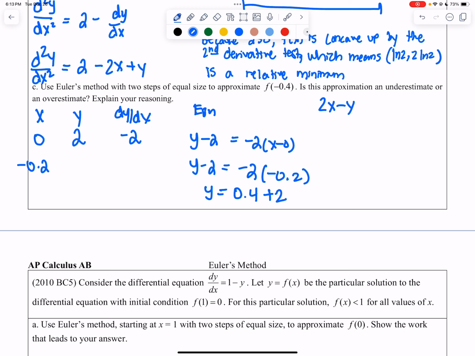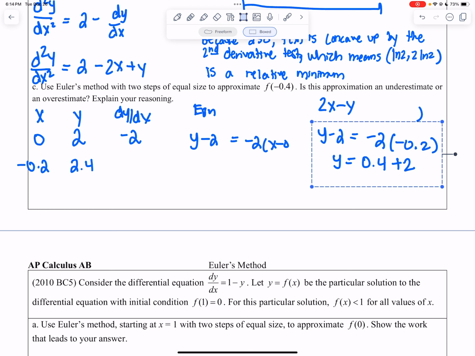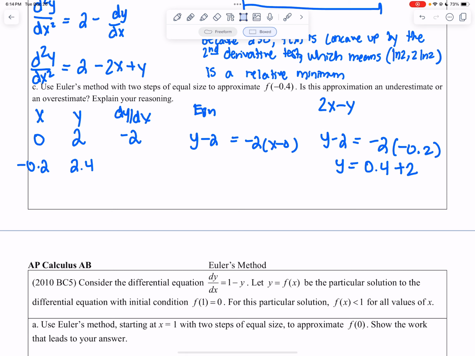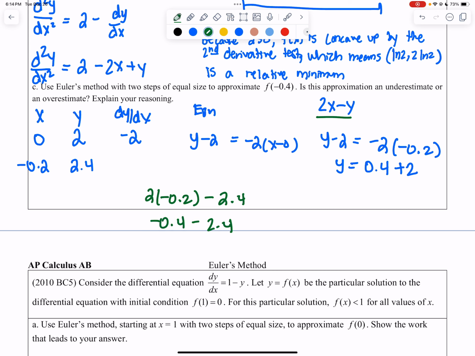So that's going to give me 2.4. All right, I am going to have dy/dx right here. x is negative 0.2 and y is 2.4. This is negative 0.4 minus 2.4, which means that my slope is negative 2.8.